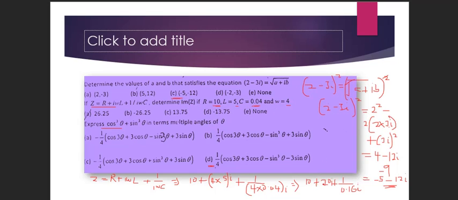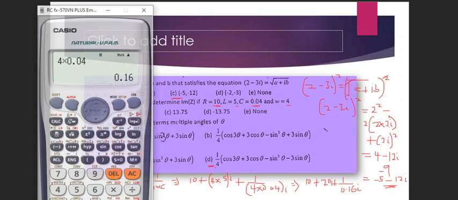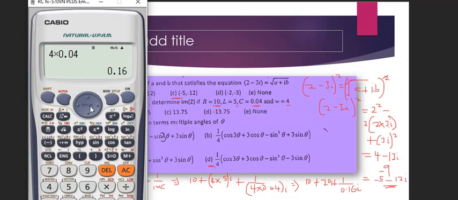From here you can notice that let's do simple addition over here. Let's put this in complex mode. So we have 20i plus 1 on 0.16i.